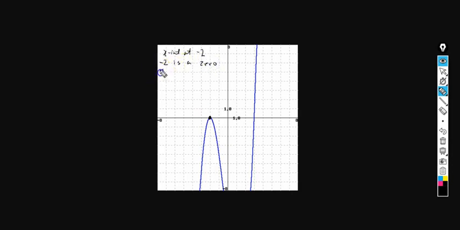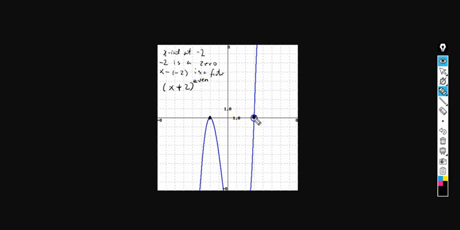And so x minus -2 is a factor. And so x plus 2 is a factor. That's what x minus -2 is. And it touches and bounces back. So since it touches and bounces back, the multiplicity is even. So this is going to be raised to an even power.